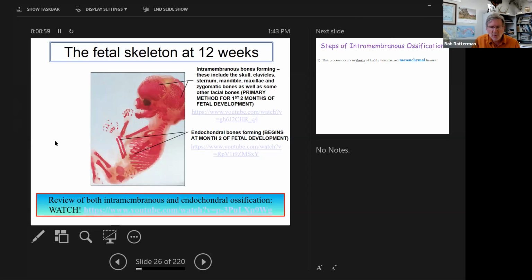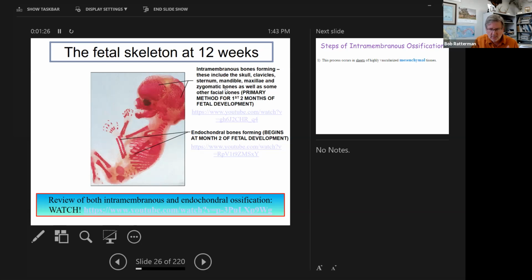And that is, how do our present day bones become bone? When we talk about intramembranous ossification, we're talking about these sorts of structures giving rise eventually to mature bones in an adult. So the skull bones, the clavicles and sternum, and maxillae and mandible and zygomatic bones.